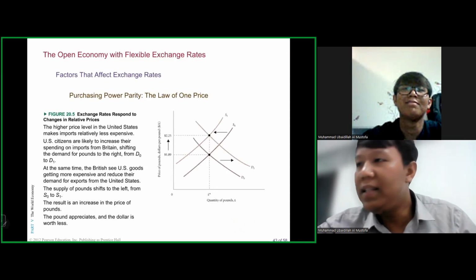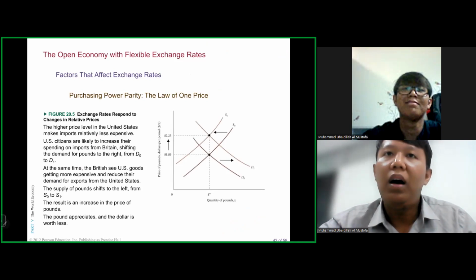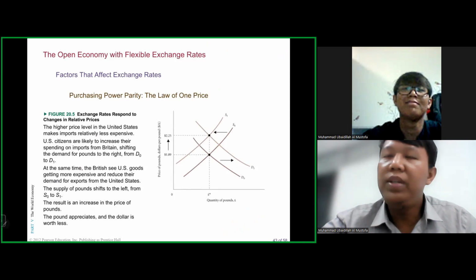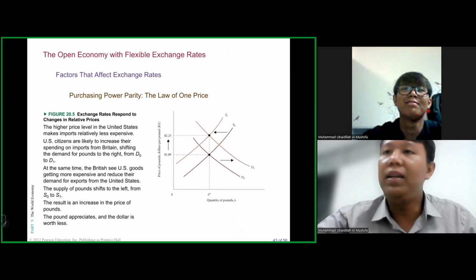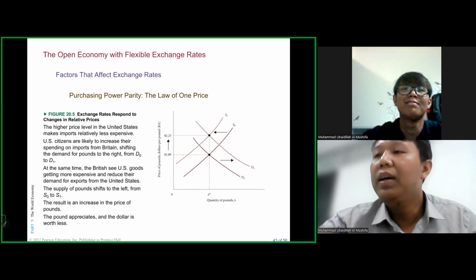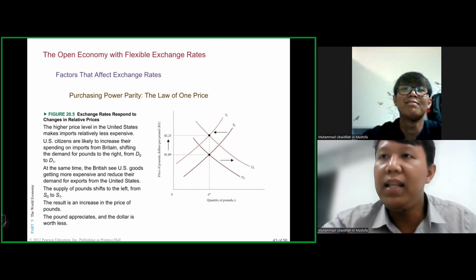So this is an example of how purchasing power parity and the law of one price apply. Let's try to read the argument. The higher price level in the United States, the United States here being the local country, makes imports relatively less expensive.